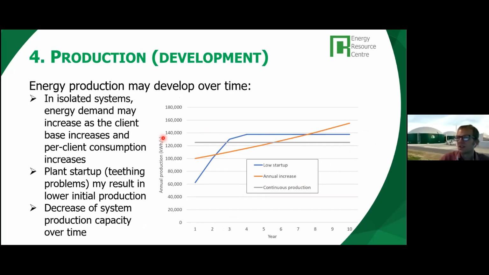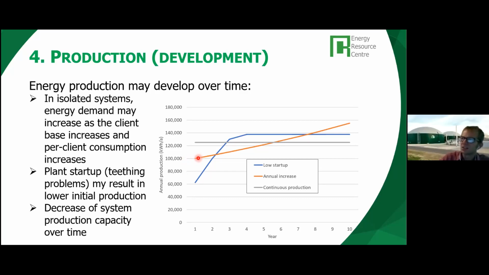So the energy production may develop over time. There could be different mechanisms there. On the one hand, especially in isolated systems, the energy demand could increase by different mechanisms. There could be new clients that connect to the system.